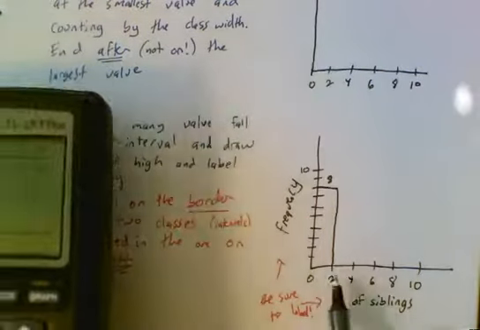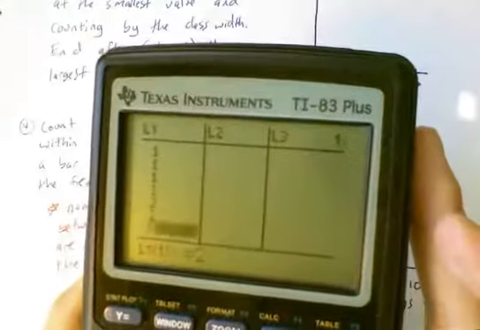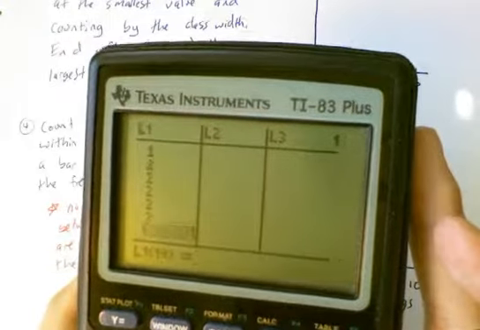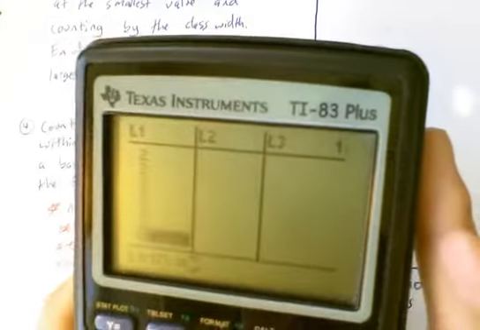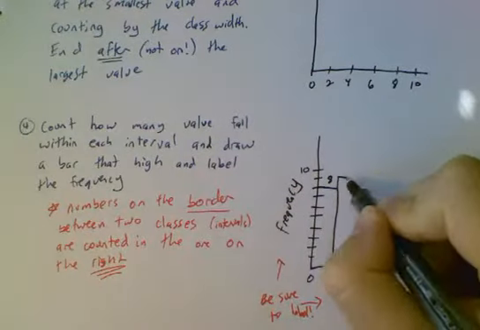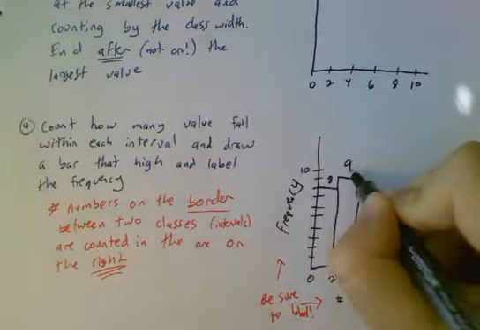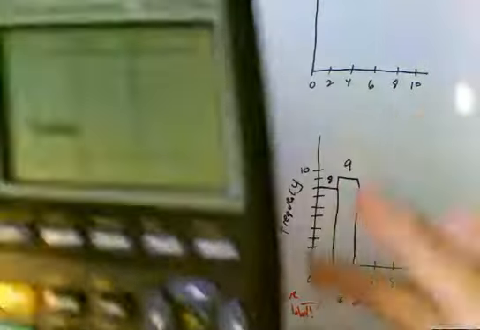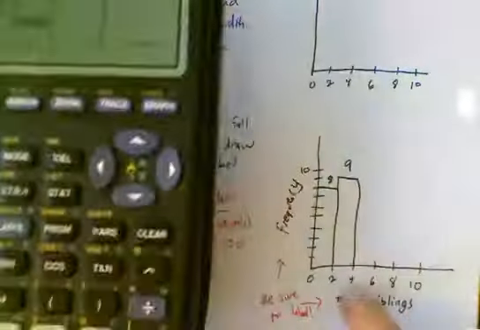Okay, so now we're going to go how many 2's and 3's we have. Don't include 4. 1, 2, 3, 4, 5, 6, 7, 8, 9. And the next one's a 5, so we have 9 2's and 3's. And between 4 and 6, how many 4's and 5's do we have?